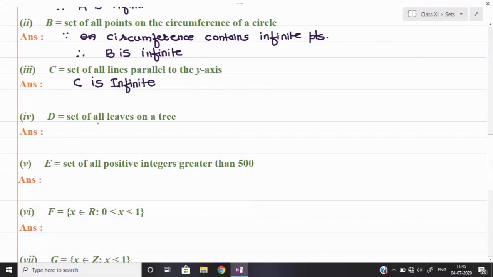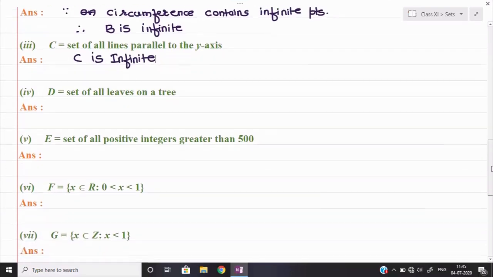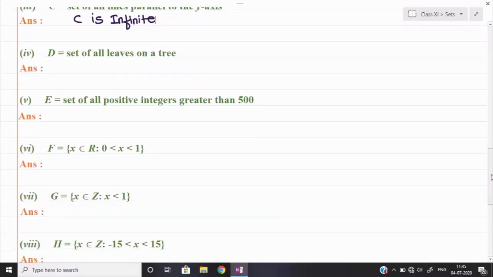Set of all leaves on a tree. See, don't be confused. Okay, as we know that set of animals, set of all persons are finite, set of all leaves on a tree is also finite. Okay, so here we can say that the number of leaves is countable, because see, this process will definitely come to an end if you start it.